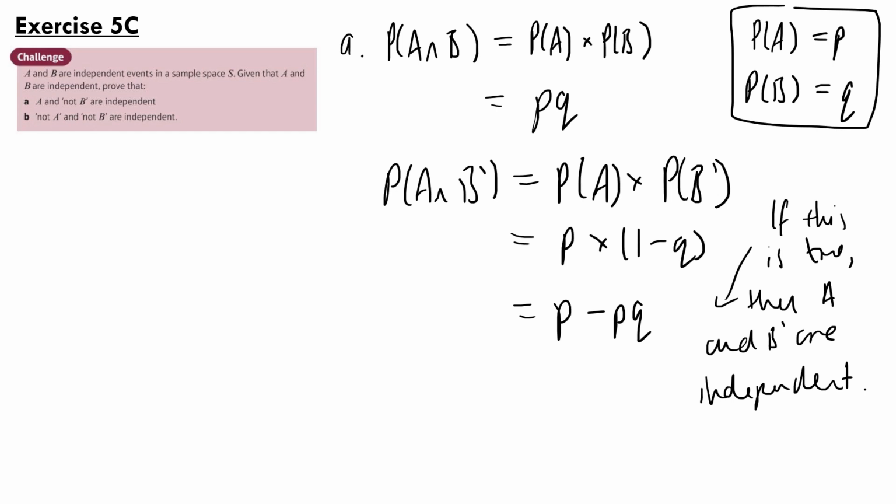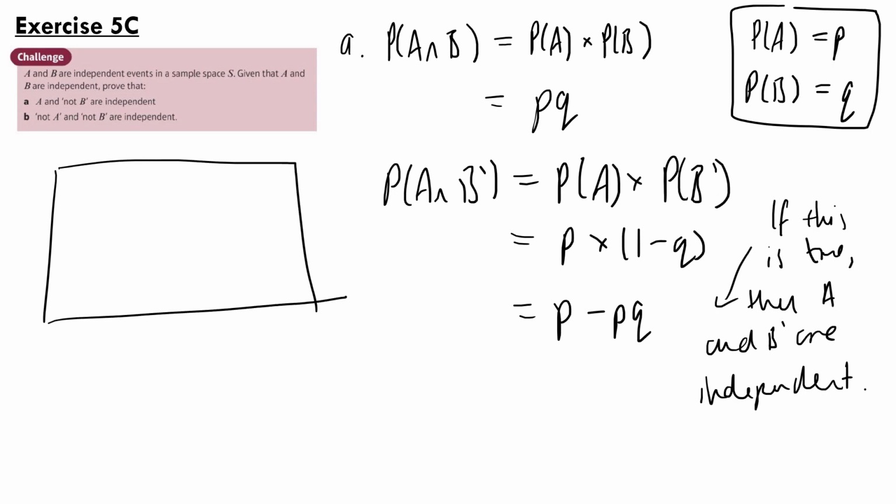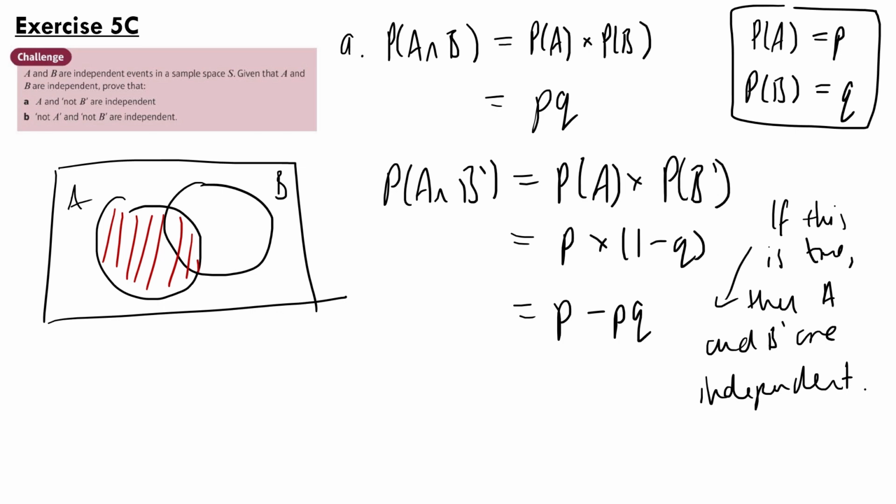And if we visualize this on a Venn diagram, if we have A here and B here, then the probability of A intersection not B, if I shade in A in red here, okay, and I'll shade in not B in green, so everything that's not inside B, you can see that their intersection is this sort of moon shape around here. And that is where they intersect.